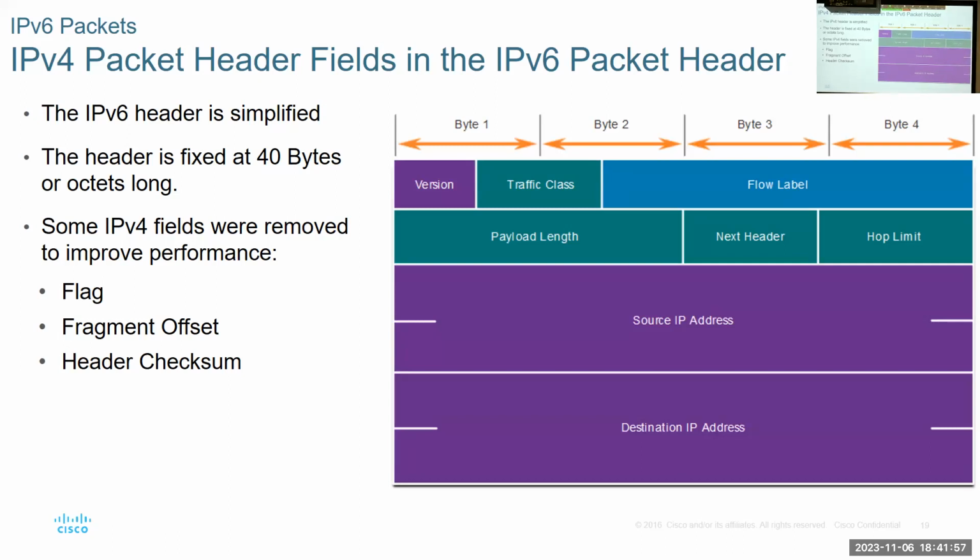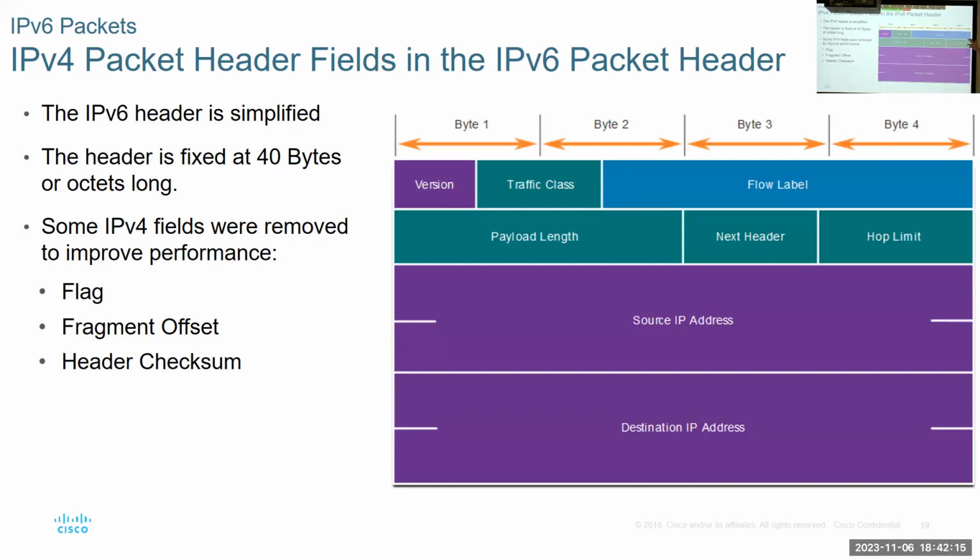And that way you can get additional capabilities without having to do things like additional encapsulations for security, encryption, things like that. But normally it's going to point to the transport layer header.